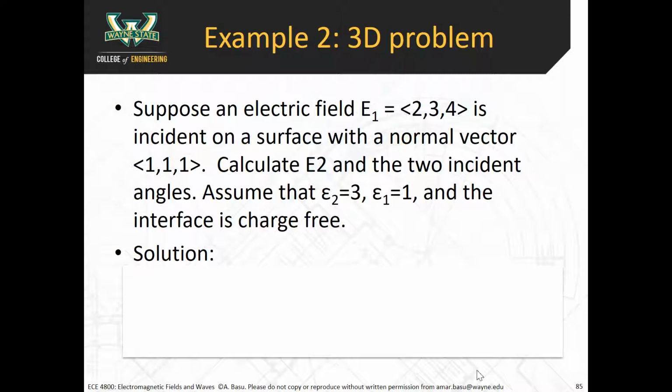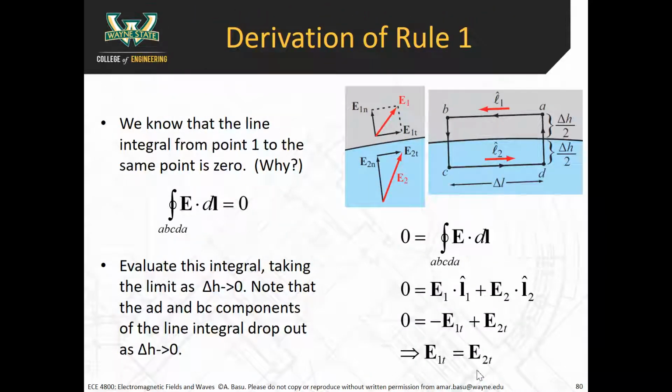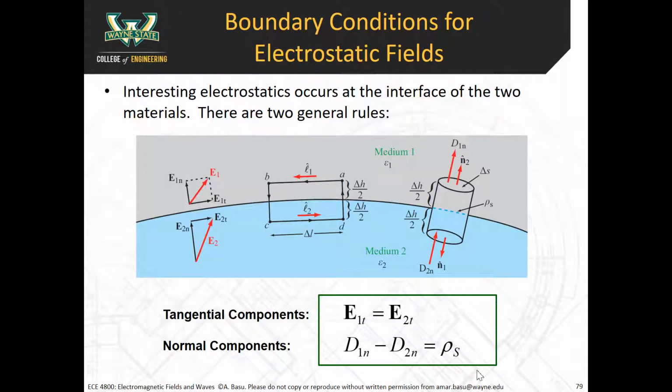So we're going to find out these two components. Why are we doing this? Remember, we have these two rules, right? E1T is equal to E2T. D1N minus D2N is equal to rho sub S. So we're going to use those rules to figure out the electric field on the other side of the interface. That's the strategy.